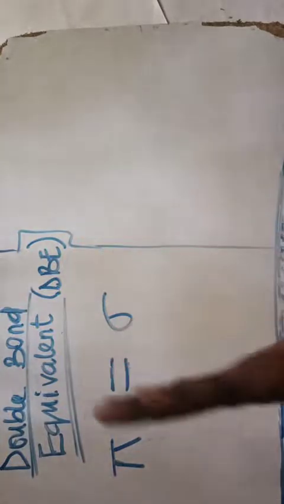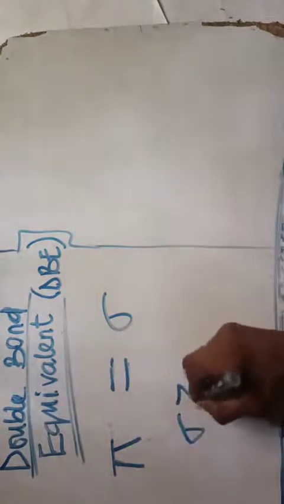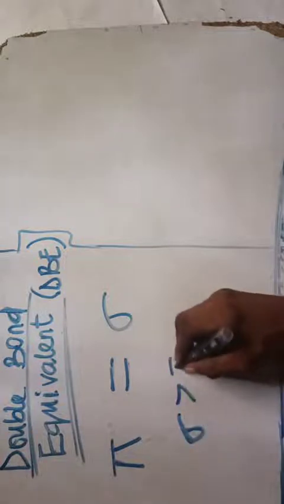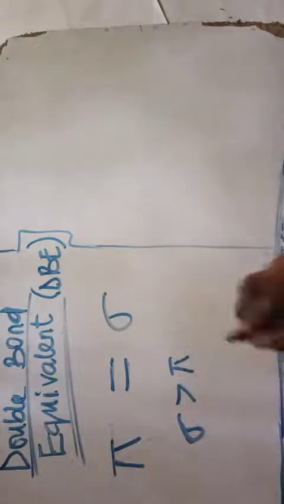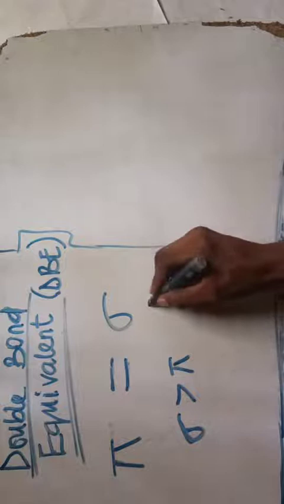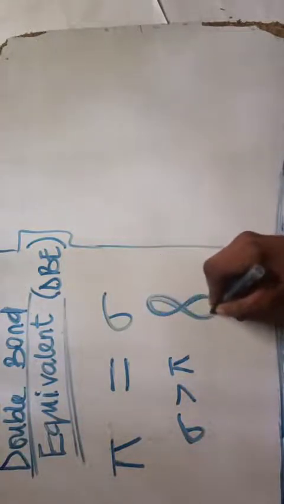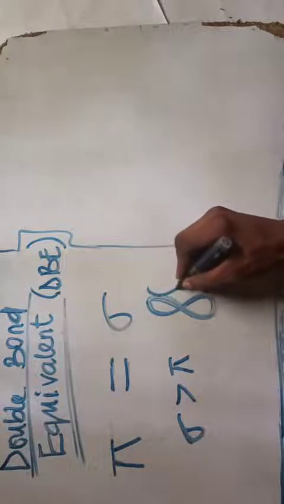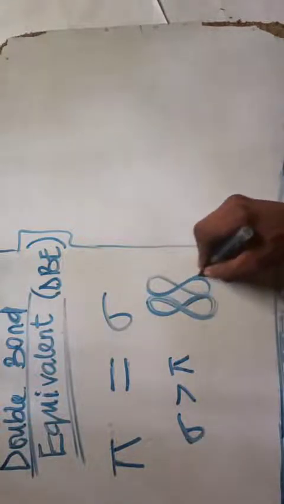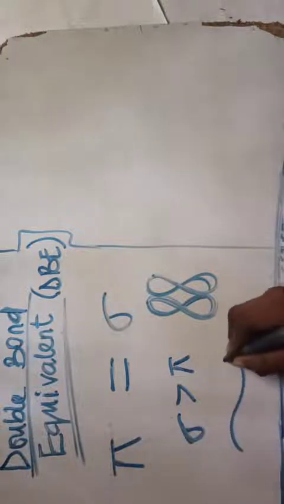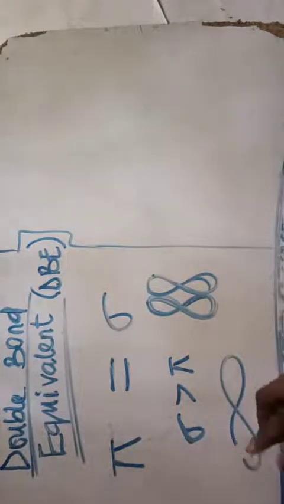Sigma bonds are stronger than pi bonds. Why? Because pi bonds tend to touch each other on the edge, while sigma bonds tend to overlap.